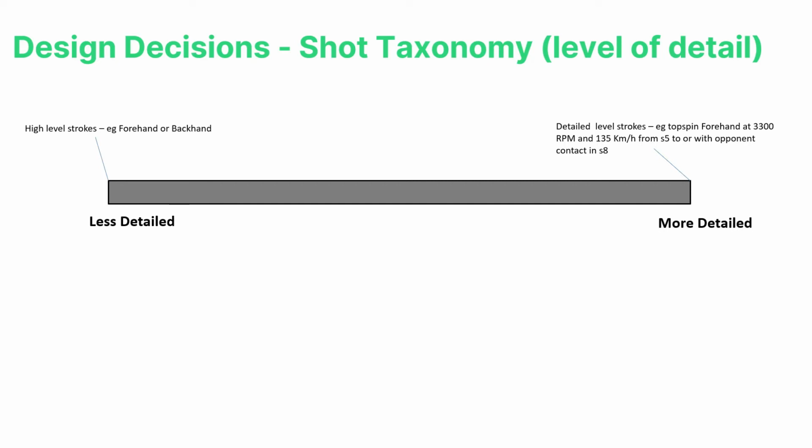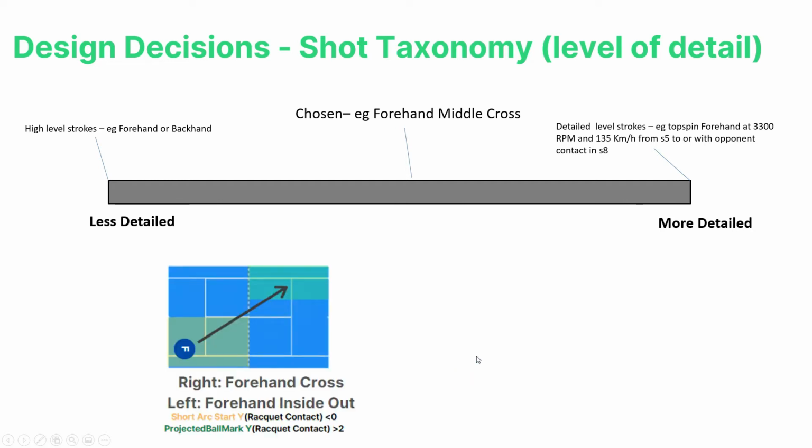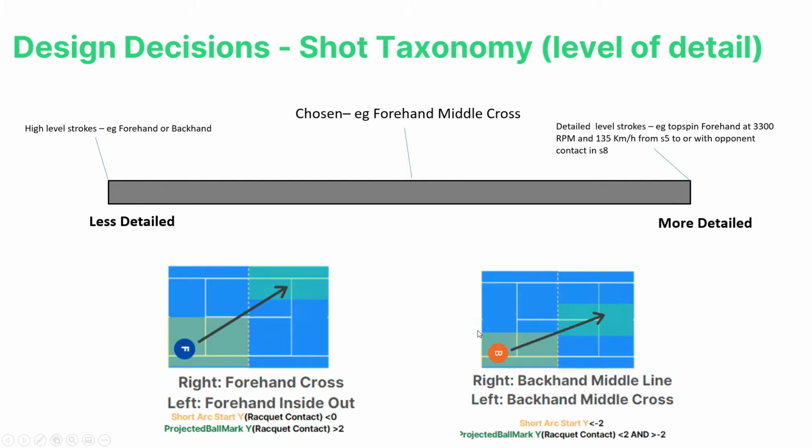It could have been that level of detail. In the end I went with a compromise somewhere in between, which in my opinion gives the benefit of both, where you've got some of the directional shot type information, which is important, but you don't make the analysis too cumbersome.